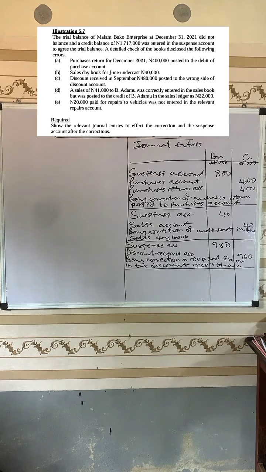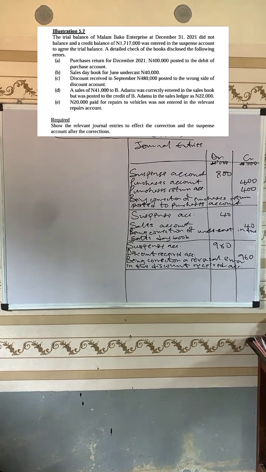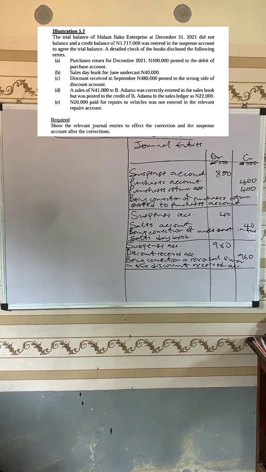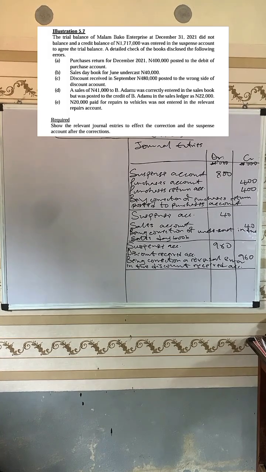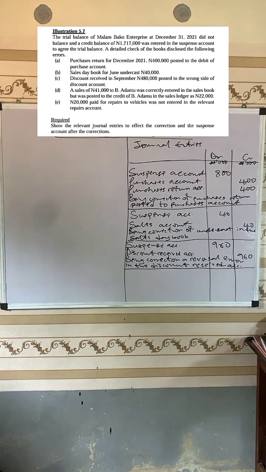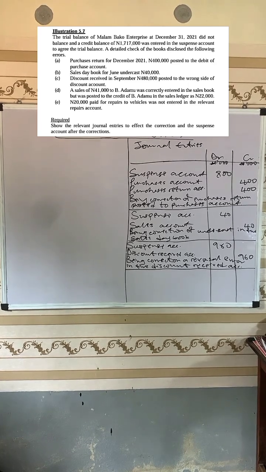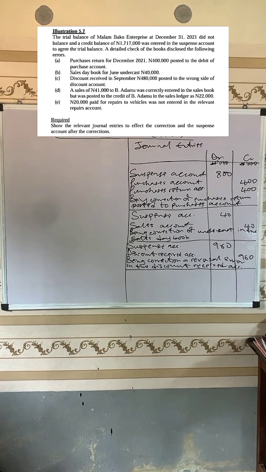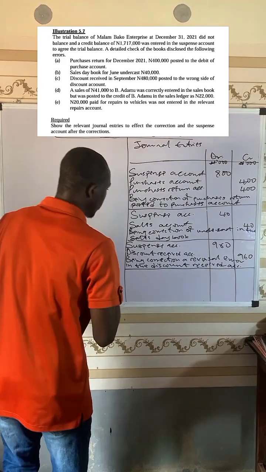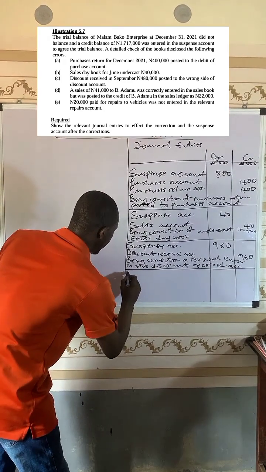And if we want to remove the 22,000, we have to debit Adamu's account with 22,000. Then the actual value, which is 41,000, we are also debiting it in Adamu's account. So that means in our Adamu's account, we are adding both 41,000 and 22,000 naira. So they will now be on the debit side.